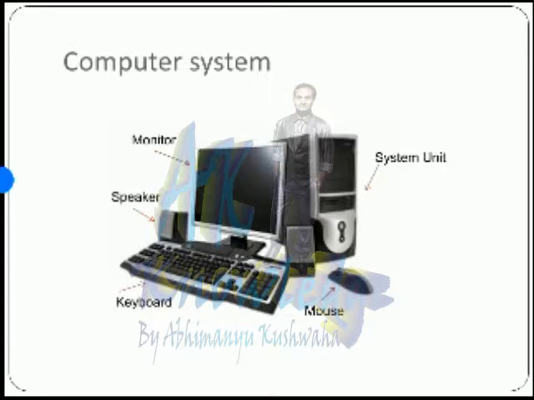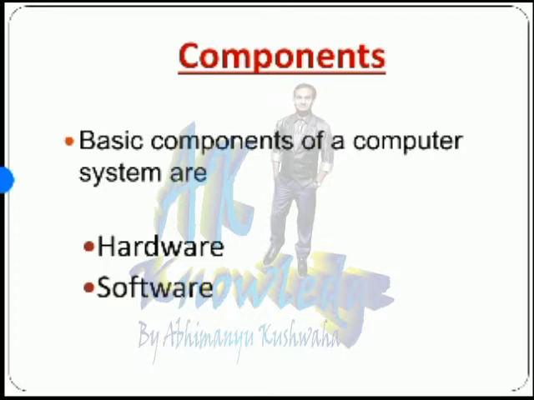So lots of parts are there, like monitor, speaker, keyboard, mouse, system unit. Next, components. The basic components of a computer system are hardware and software.